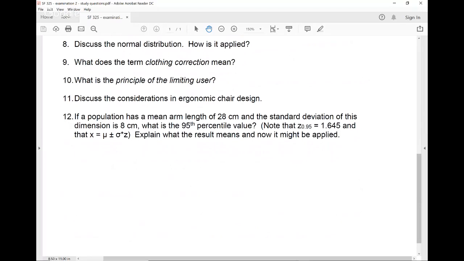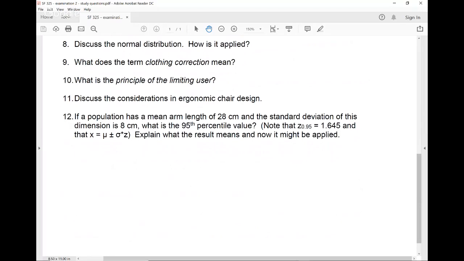So what is a normal distribution? I mean, it looks like that, kind of. It's not a perfect drawing, but obviously not all of these are on the exam.